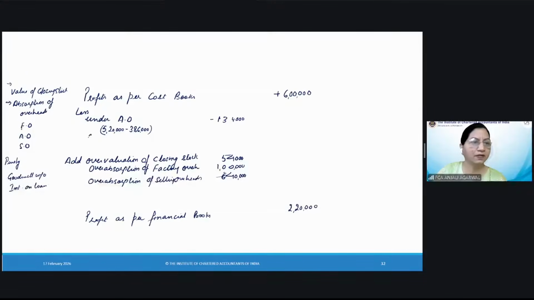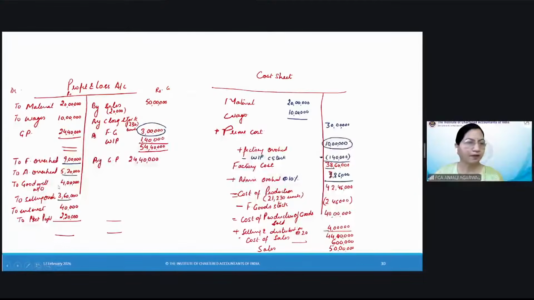Then there is purely goodwill, purely financial matter, and interest on loan. So purely financial expenses are to be subtracted. 4 lakh and 40,000.